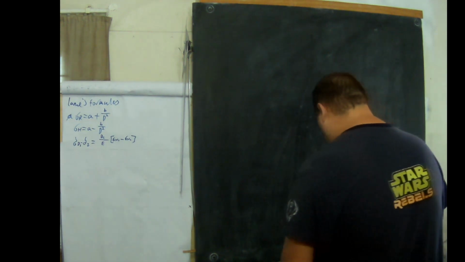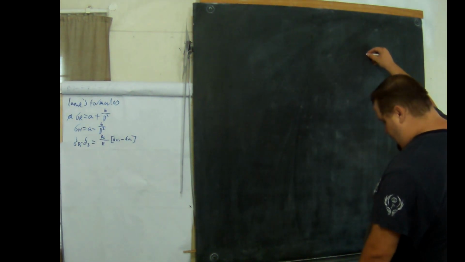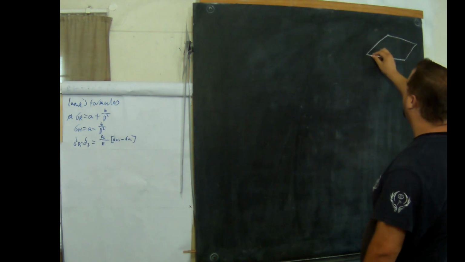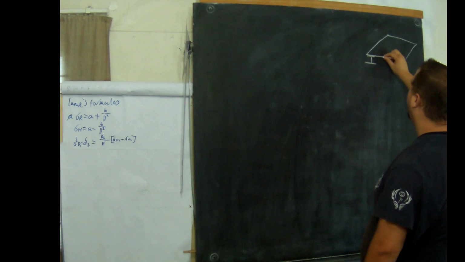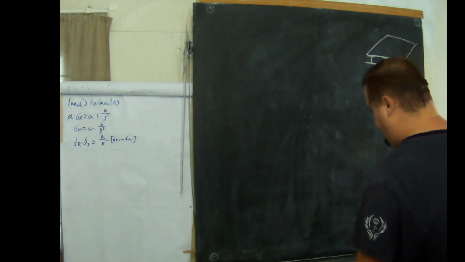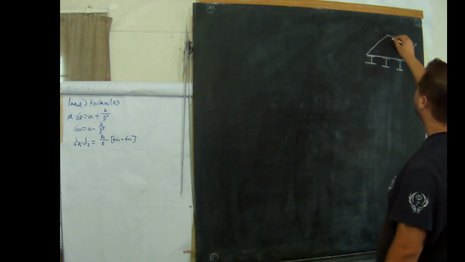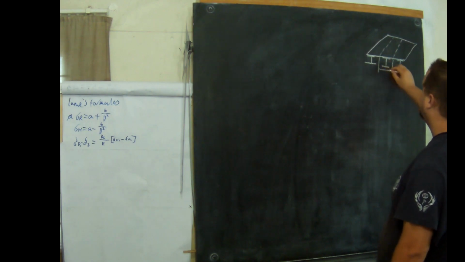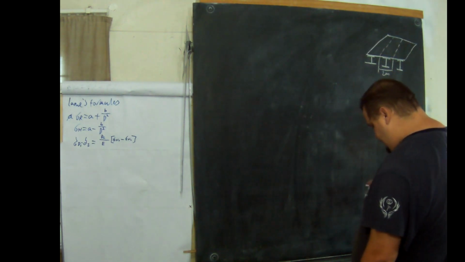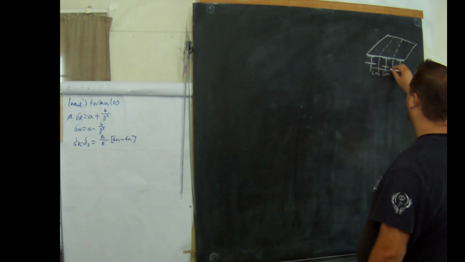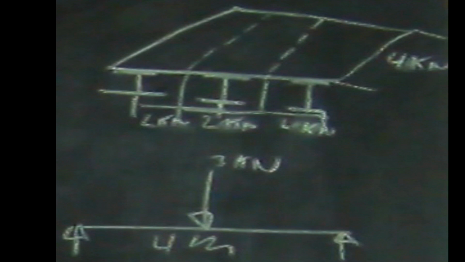So, this is just a basic picture of what we're looking at, and between each beam, between there and there is 2 meters, and between here and here is 2 meters, and between there and there is 2 meters.